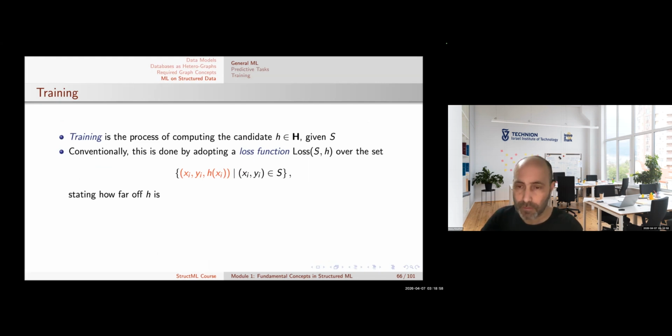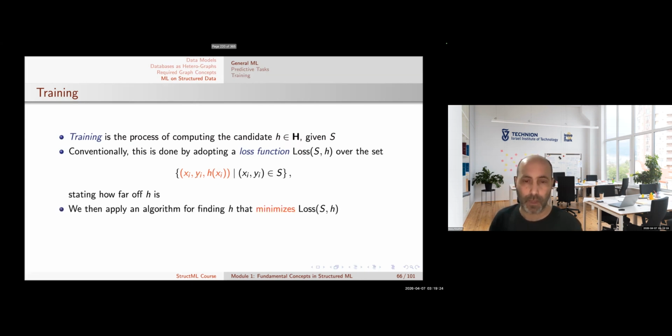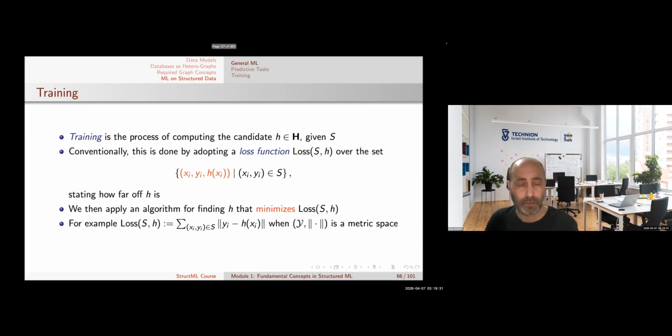Loss of S given a candidate H. Okay, loss will tell us how far off H is from behaving as we would expect it on S. So basically, this is a function that processes the triples xi, the real yi, and what H is saying about xi, and comparing the yi to the xi. And so what we're looking for is H that minimizes the loss.